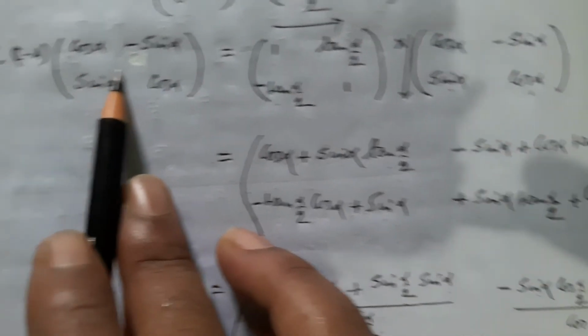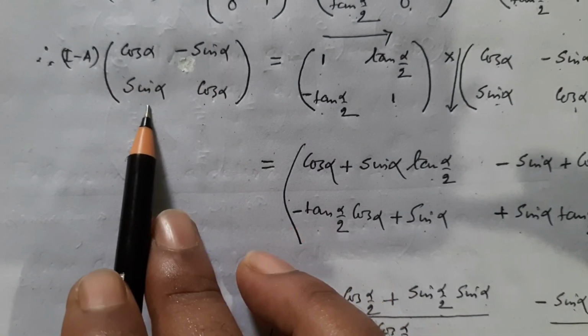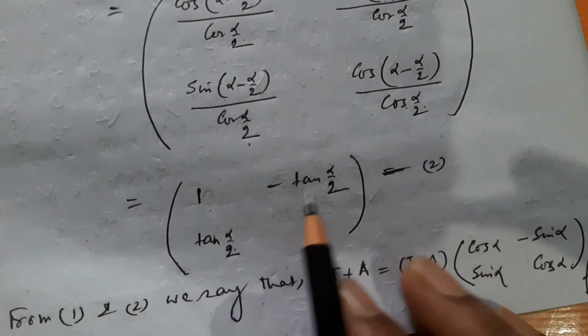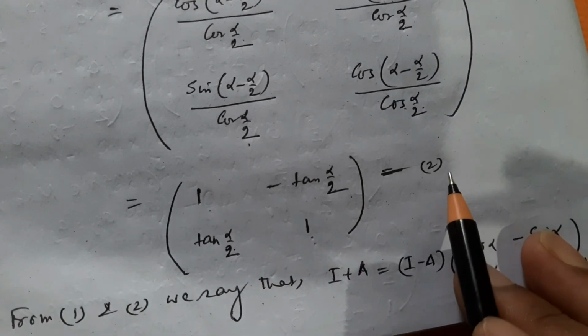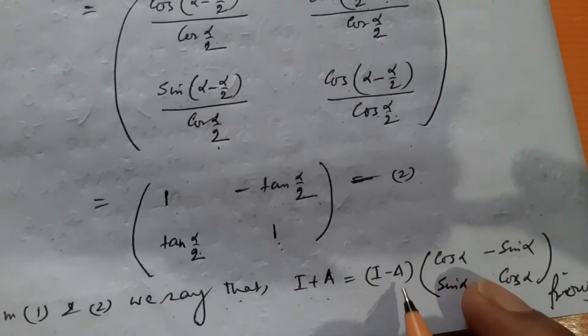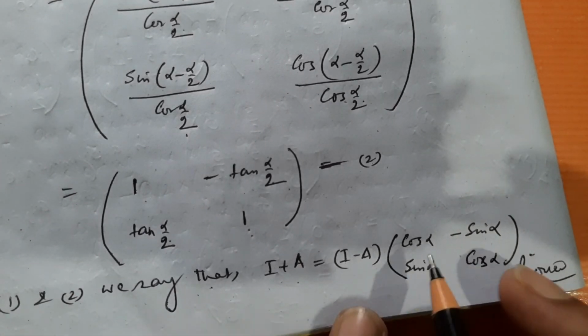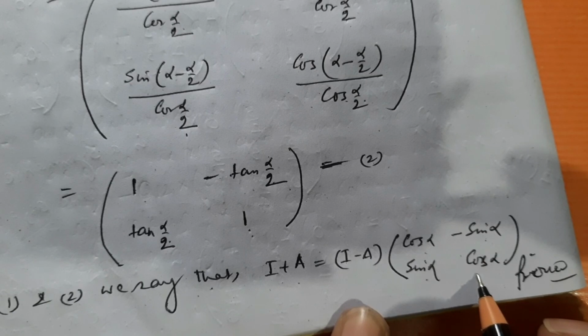And therefore, I minus A into [cos alpha, minus sin alpha; sin alpha, cos alpha] is equal to [1, minus tan alpha by 2; tan alpha by 2, 1]. This is equation 2. So from 1 and 2, we can say I plus A is equal to (I minus A) into [cos alpha, minus sin alpha; sin alpha, cos alpha].